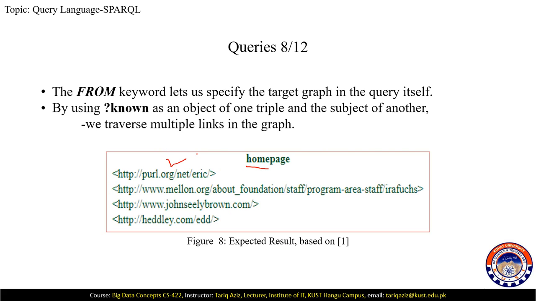Okay, now dear students, here it says that the from keyword is used to specify the target graph or the target dataset in the query itself. We discussed this point in the previous slide, and here it says that the term question mark known is behaving as an object in one triple, but it is behaving as a subject in another triple.